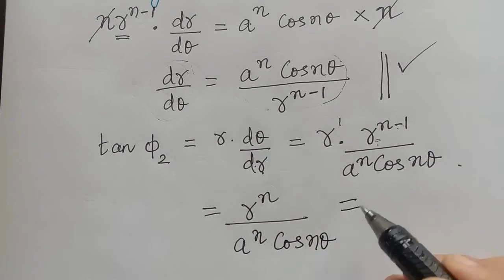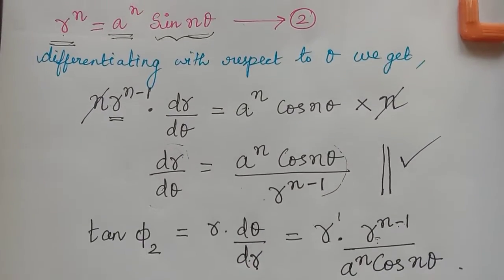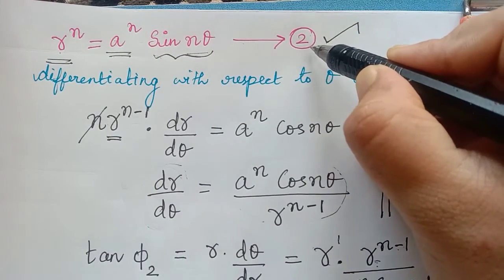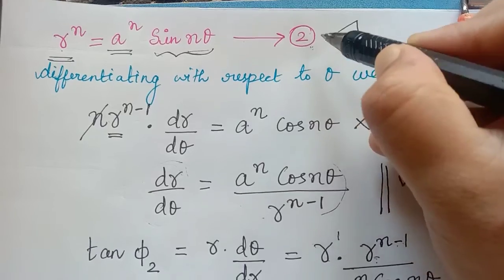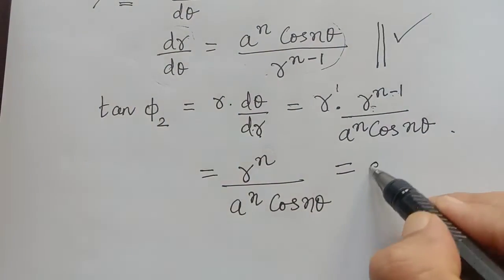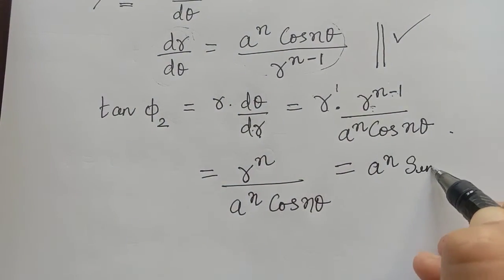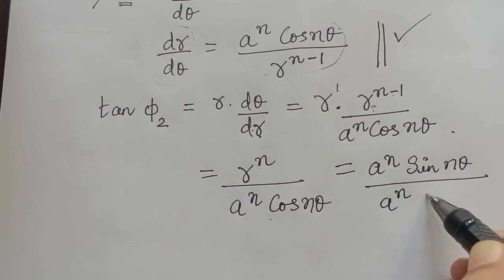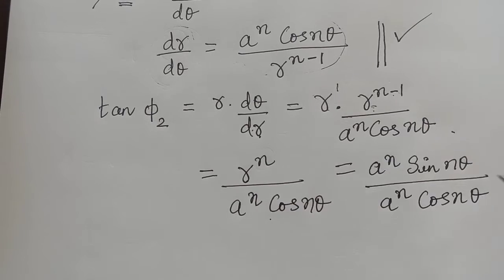But what is r to the power n? From equation 2, we observe that r to the power n is a power n sin n theta. So let us substitute that. A to the power n sin n theta divided by a power n cos n theta. So a power n and a power n gets cancelled.